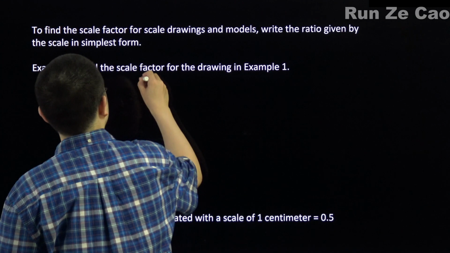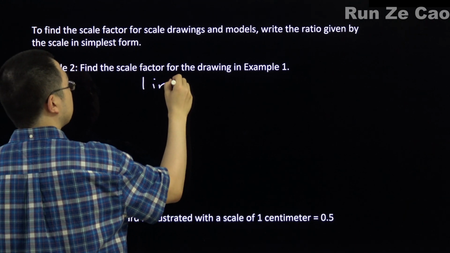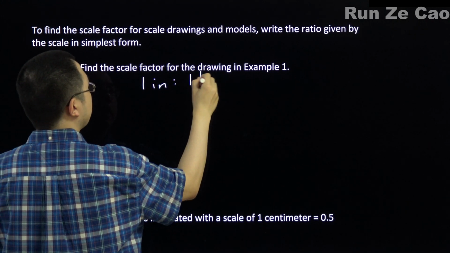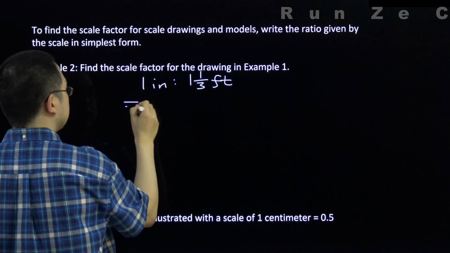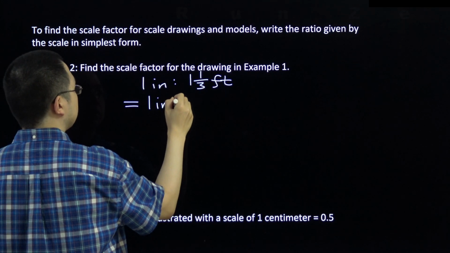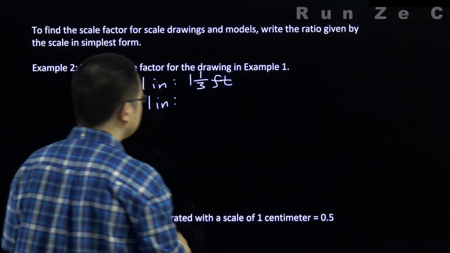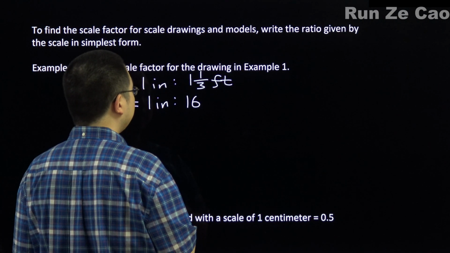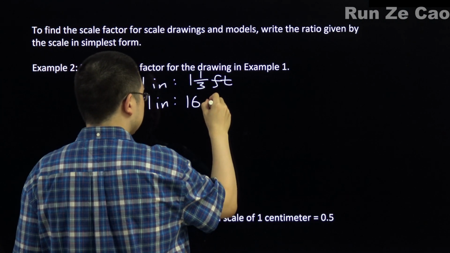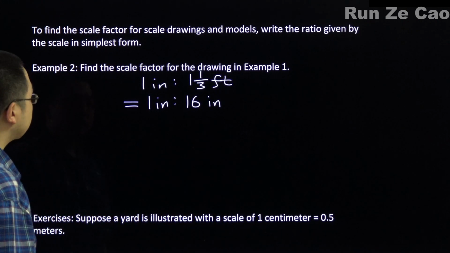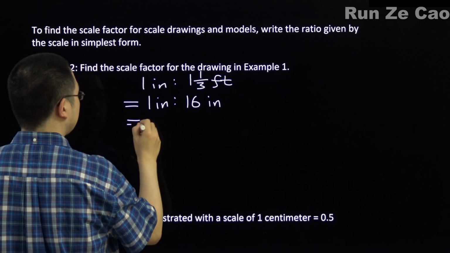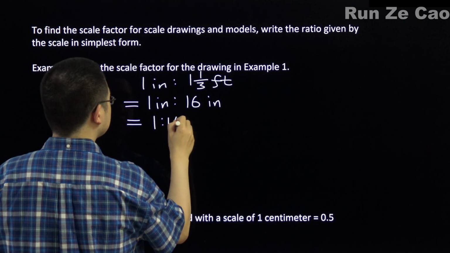So it was 1 inch to 1 1/3 feet, which means 1 inch to how many inches? 4/3 of 12 inches is 16 inches. So 1 inch to 16 inches. The scale factor is therefore 1 to 16.